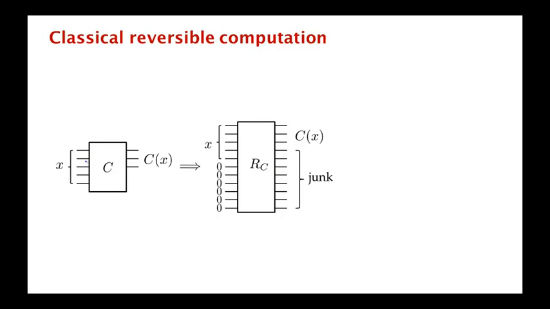The NOT gates are already reversible. AND gates we replace by these controlled swap gates. We feed in a number of fresh 0 bits to help the circuit run. And the output is going to be the output of the circuit plus some junk bits.